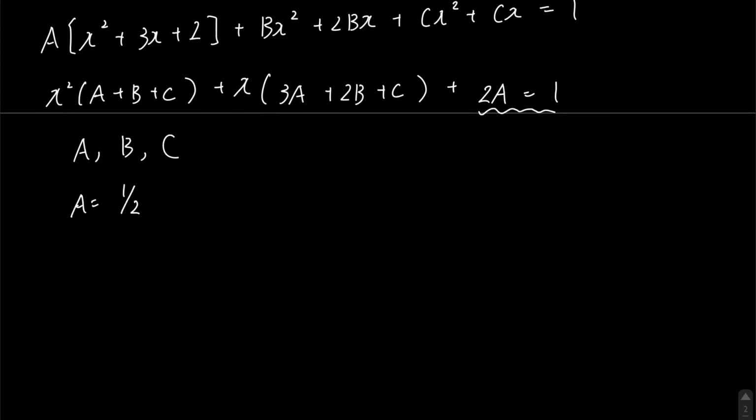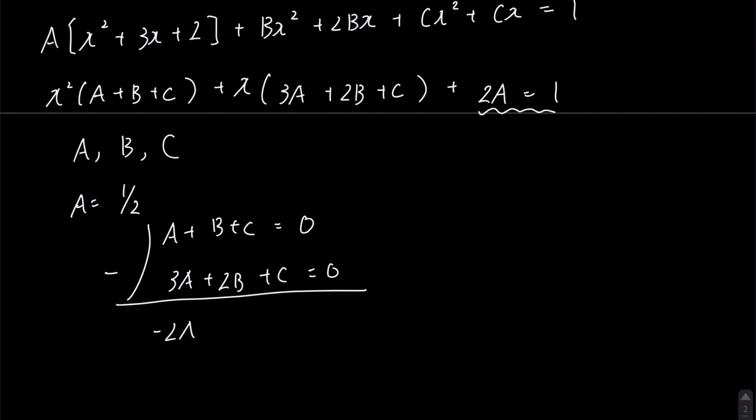And now you just have to do the eliminations. We know the value of a, so negative 2a equals b.